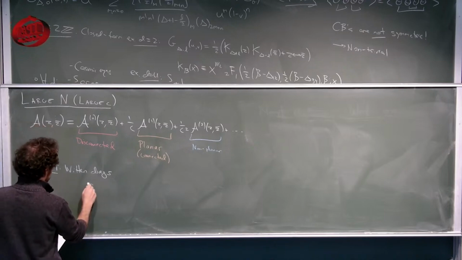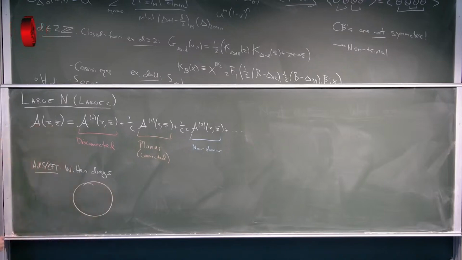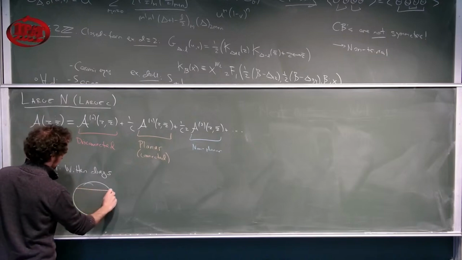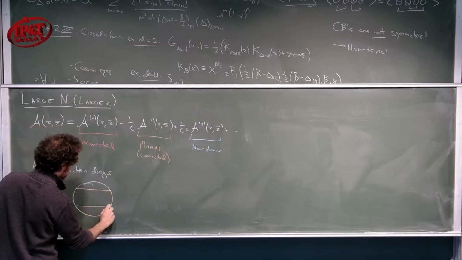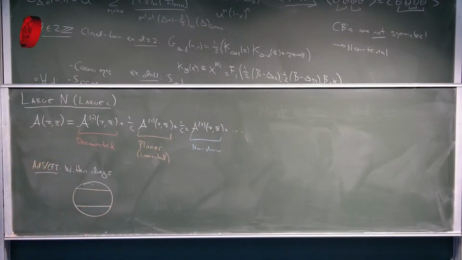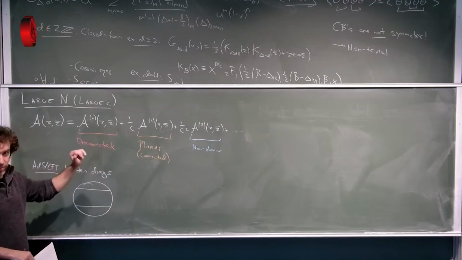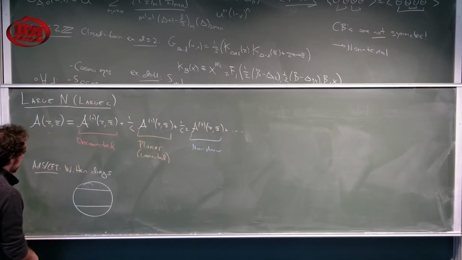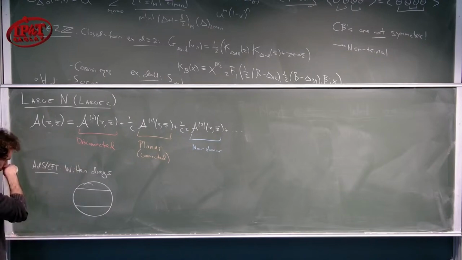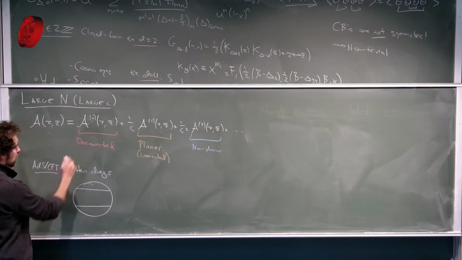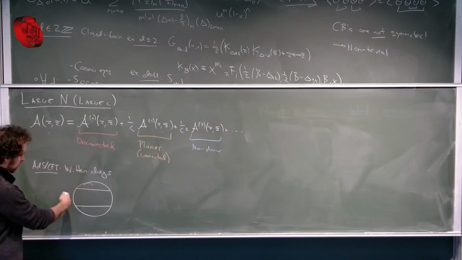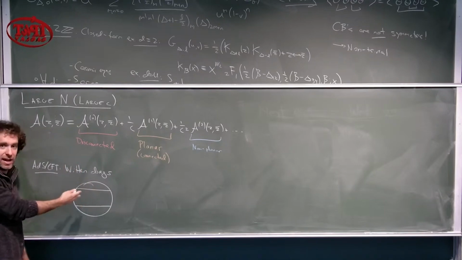Here's our AdS. We have our 4 boundary points, and we're going to be drawing Witten diagrams. What's a Witten diagram? It's just a Feynman diagram in AdS with AdS boundary conditions for each of the bulk fields dual to the local operators on the boundary. And so the disconnected piece at infinite central charge is just the set of disconnected diagrams in the bulk.